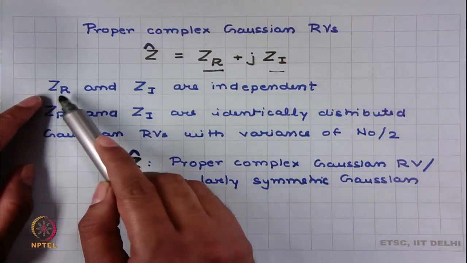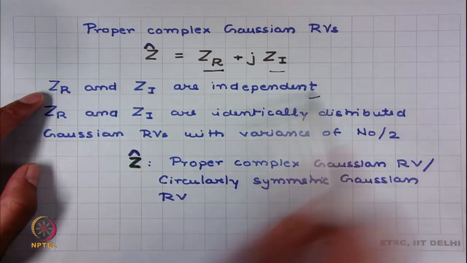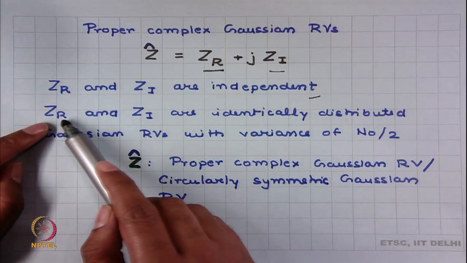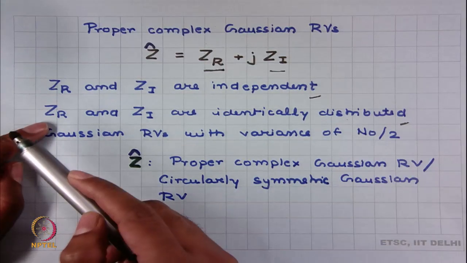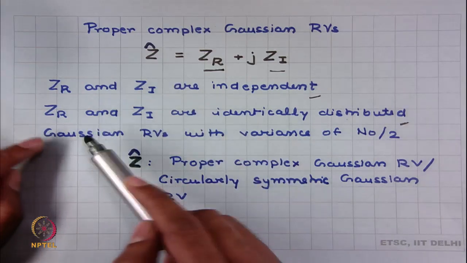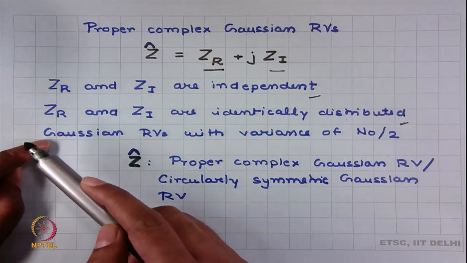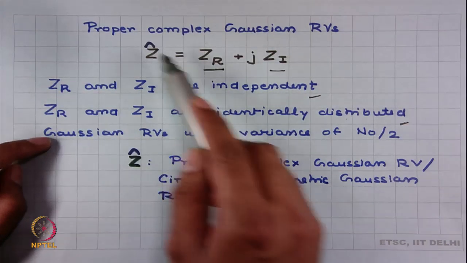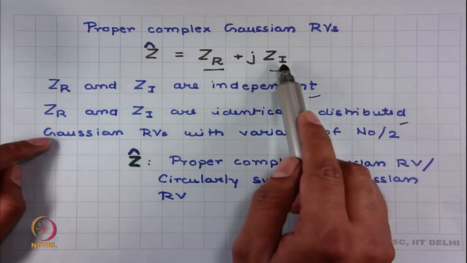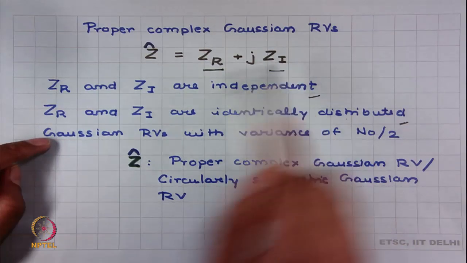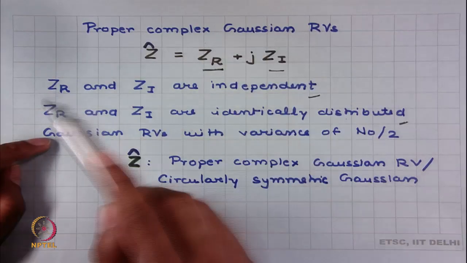So, what we assume is that these Zr and Zi are independent, and secondly that they are identically distributed Gaussian random variables with a variance of N naught by 2. So, if Zr and Zi are independent and identically distributed Gaussian random variables, then this z cap is a proper complex Gaussian random variable.